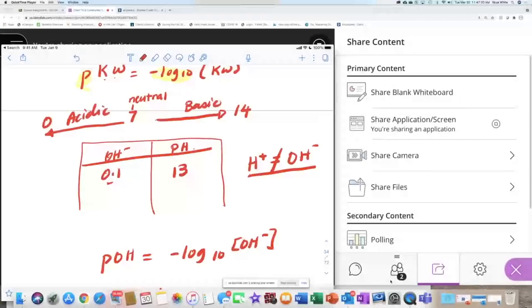So this is basic, and the left side is acidic. And how do we measure acidity? It all boils down to the number of H plus ions. How do we measure basicity? The number of OH minus ions. The more H plus we have, the more acidic. The more OH minus we have, the more basic. So this is acidity, and this is basicity.